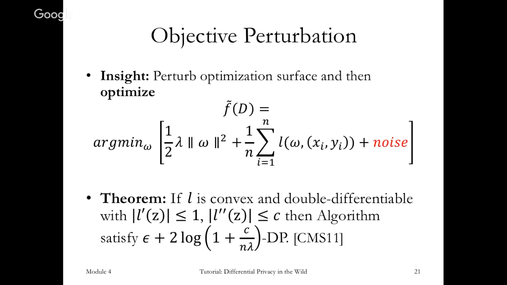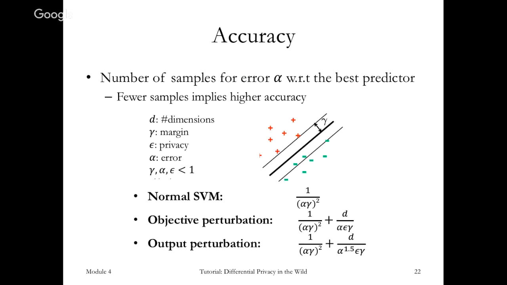Prior work shows that as long as the loss function is convex, doubly differentiable and smooth, the algorithm can satisfy differential privacy. Compare these two approaches, objective perturbation and output perturbation, with respect to the non-private SVM. The accuracy is measured by the number of samples needed to achieve a certain error, indicated by alpha here.